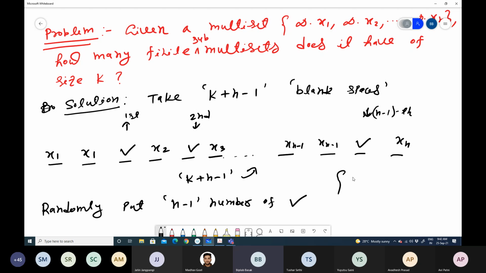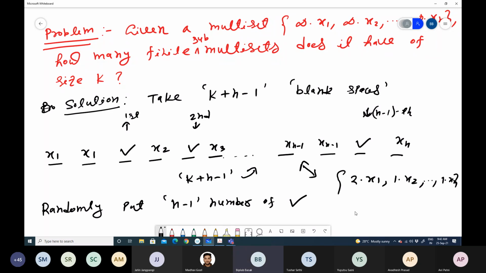So we are getting a multi-set of type 2 into x1, 1 into x2, and so on, and then 1 into xn. Now this multi-set and the arrangement of blanks with n minus 1 checks have a one-to-one correspondence.